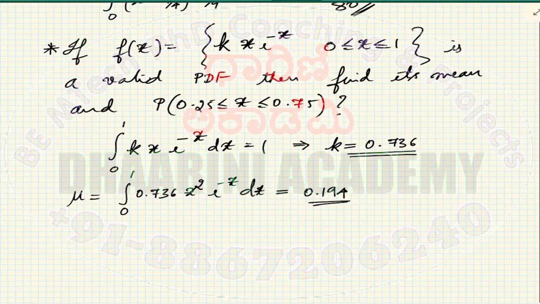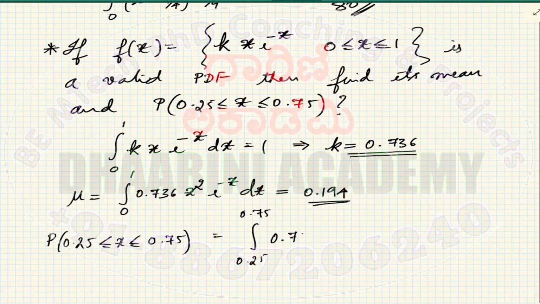Now we need to find the probability, right? So that is P of 0.25 less than or equal to x less than or equal to 0.75, which is equal to the integral from 0.25 to 0.75 of 0.736 x e to the minus x dx.